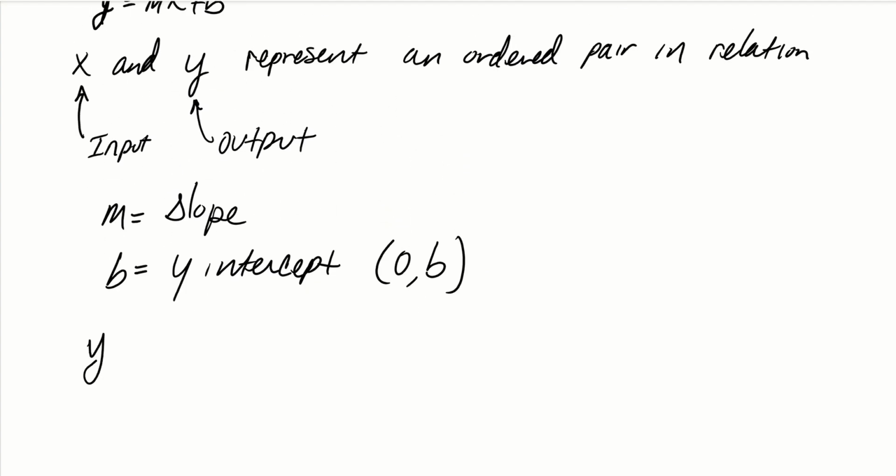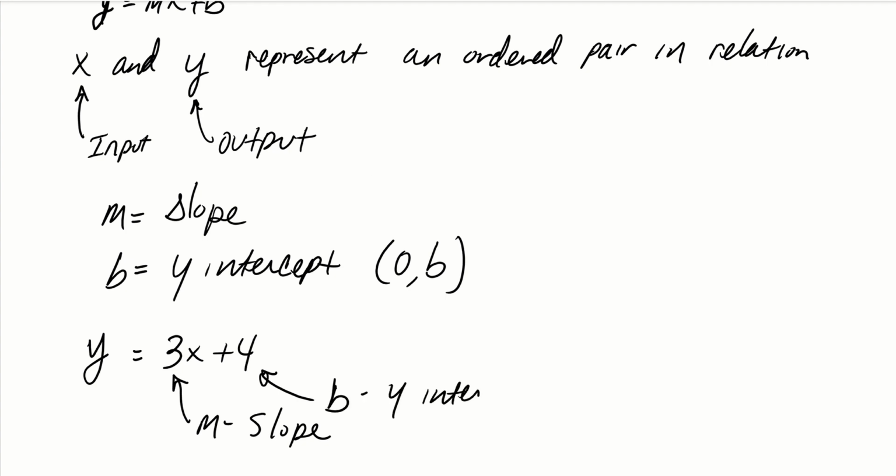If I say y equals 3x plus 4, 3 is m, which is the slope. 4 is b, which is the y-intercept. X and y then represent different inputs and outputs. So if I said x is 0, y would be 4. If x is 1, y would be 7, and so on.